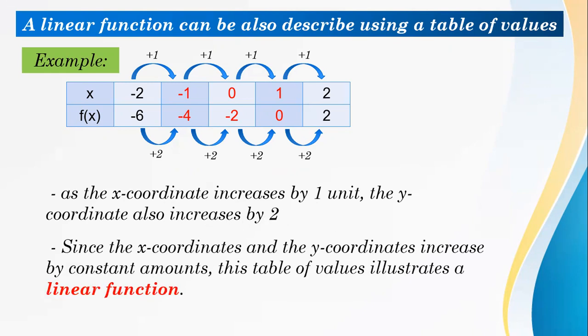Since the x and y coordinates increase by constant amounts, this table of values illustrates a linear function. If the x and y coordinates increase by constant amounts, we call this a linear function.